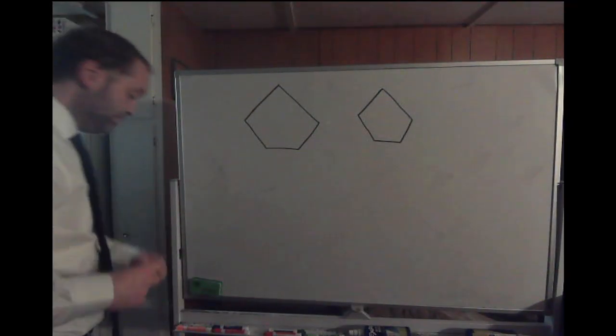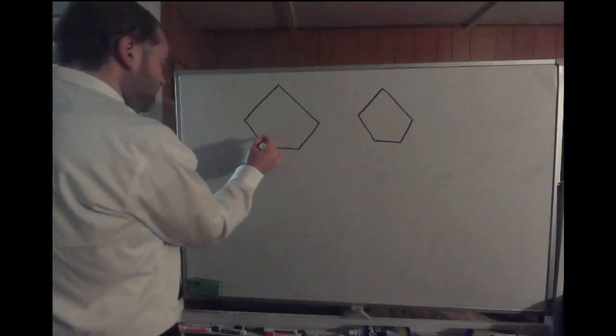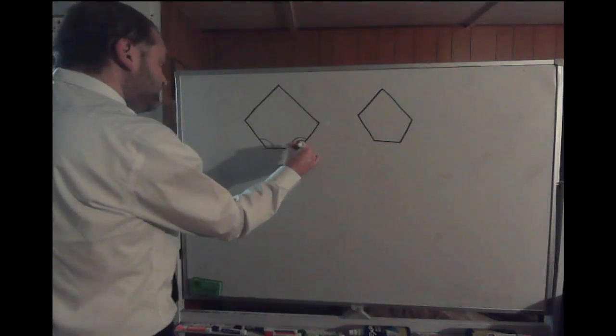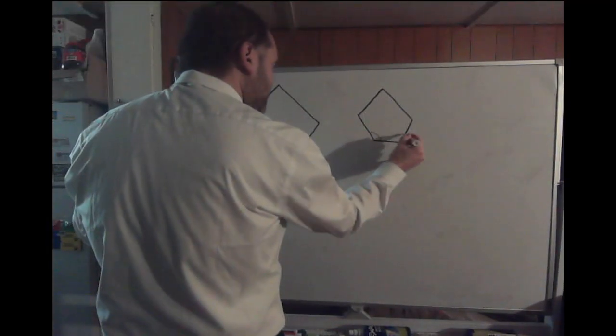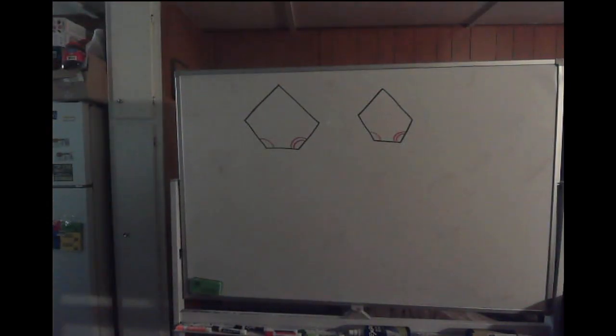So we have 2 similar pentagons. Now, what else are we given? Let's start with identifying our congruent angles here. So this time nothing's flipped around, which is nice.